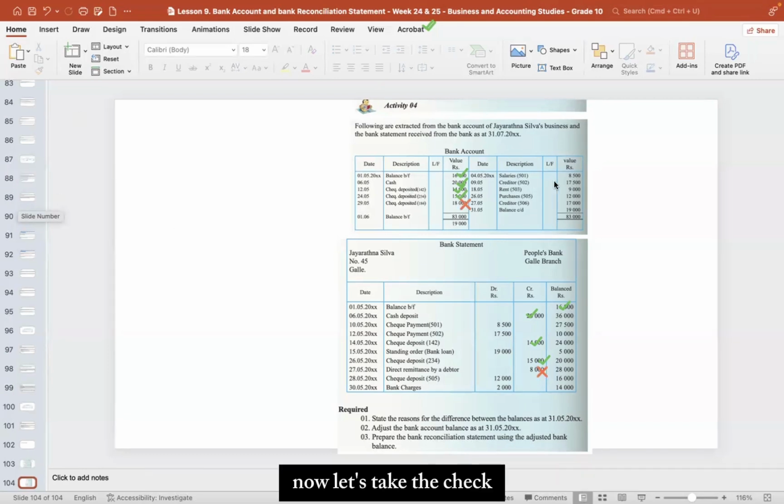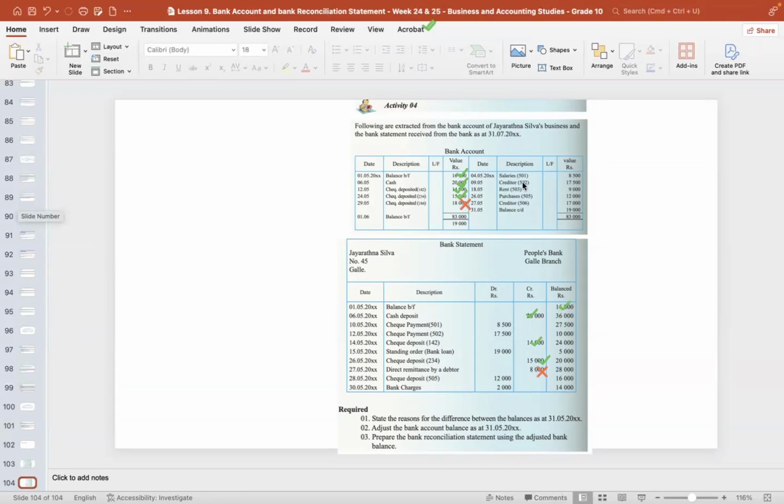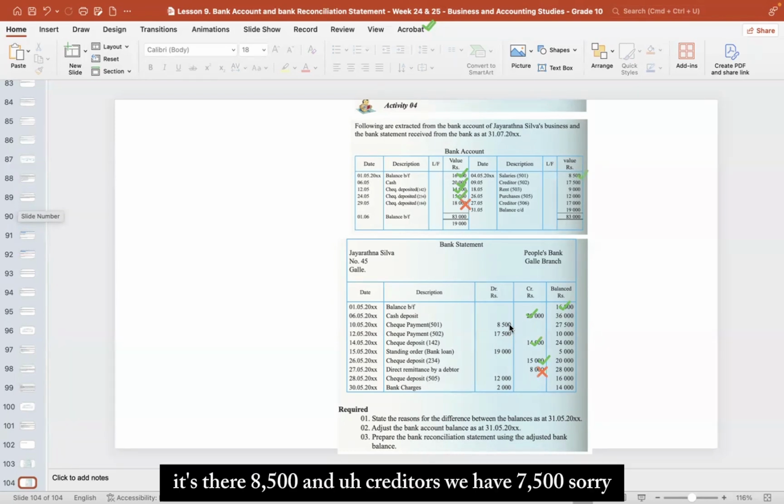Okay, let's take the credit side of the bank account with the debit side of the bank statement. Now salaries 8,500 has been paid. Here also it's there, 8,500, and creditors we have 17,500, and here also we have 17,500.